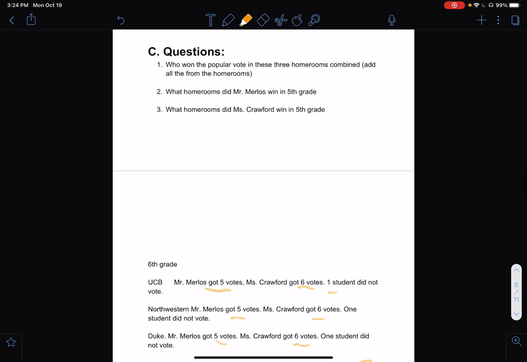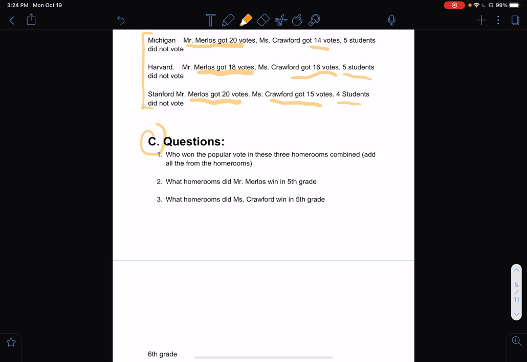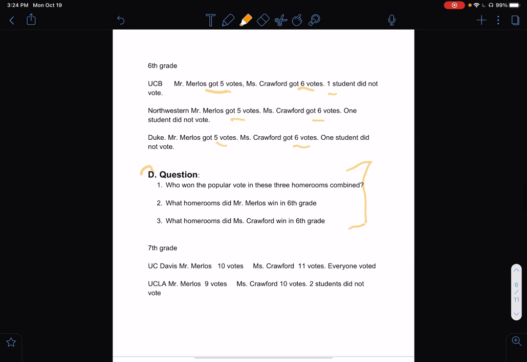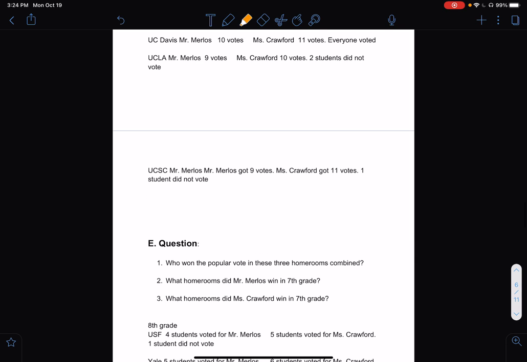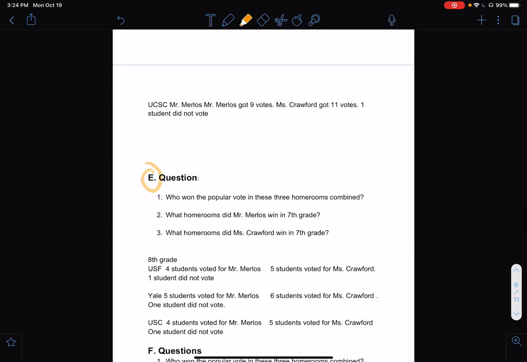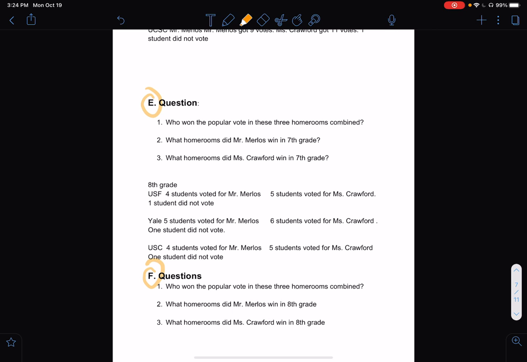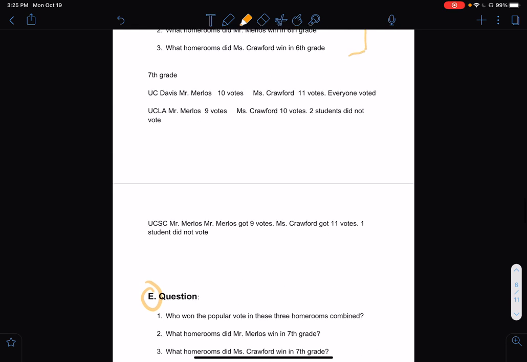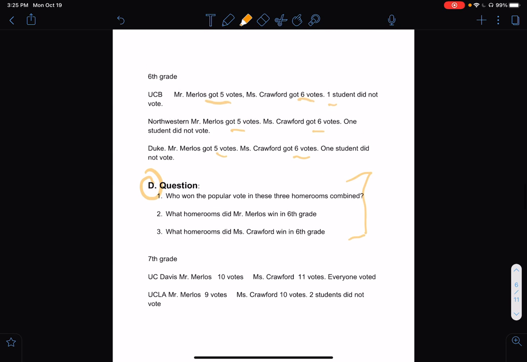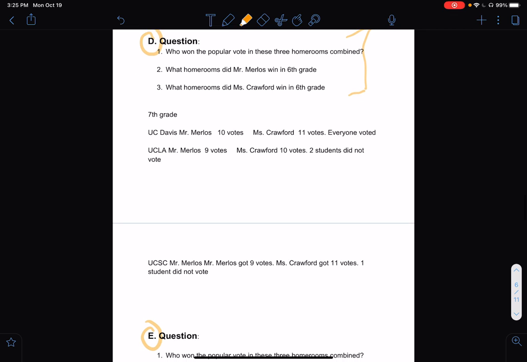On Tuesday, you'll be working on questions on section C, section D, and then when we get to 7th grade, you do the same thing, section E and section F, and you'll stop there, okay? Your questions in classroom are going to be in classroom.